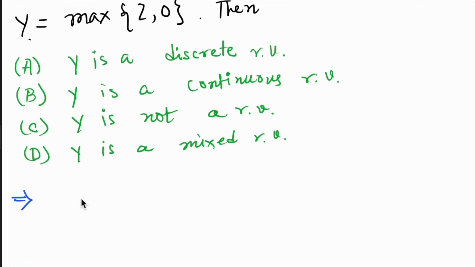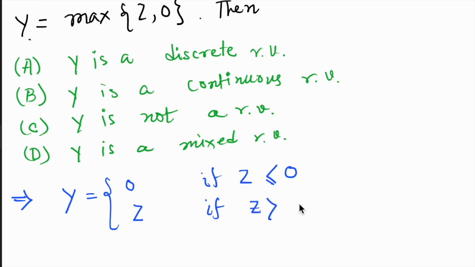Now the value of Y will be 0 if Z is less than or equal to 0, or it becomes Z if Z is greater than 0.